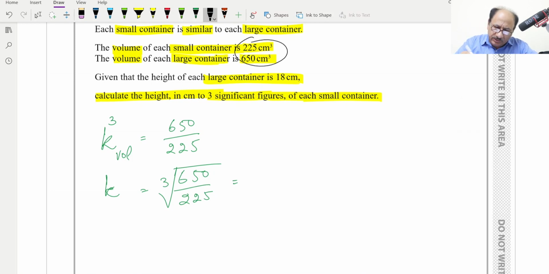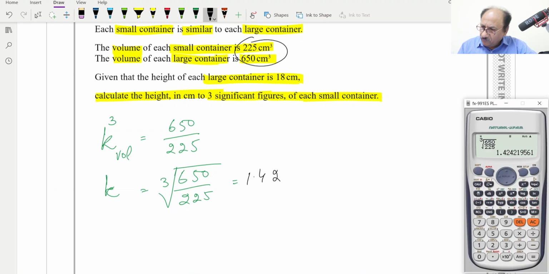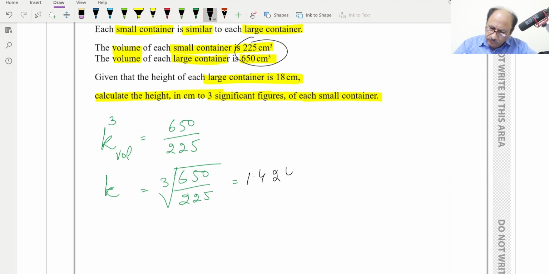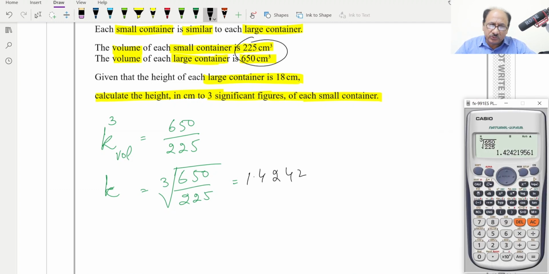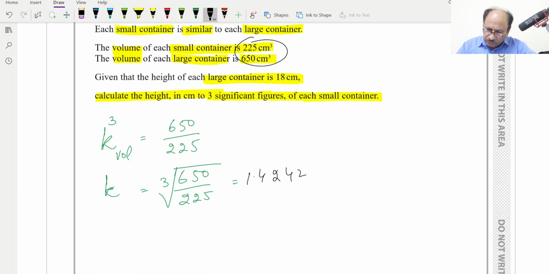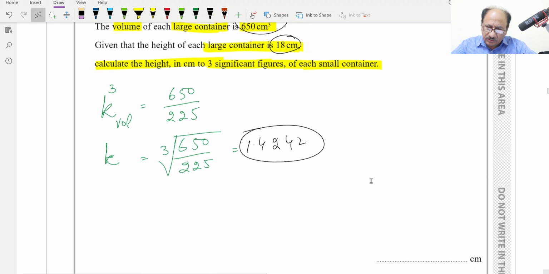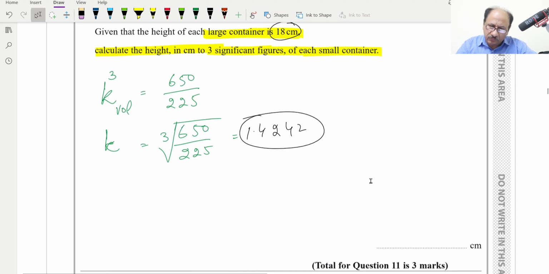I'm writing this digit 1.4242, but I will be keeping the digits on the calculator and I'll use all calculator digits. So this will be basically divided by, because we need smaller, for smaller that should be lesser than 18.